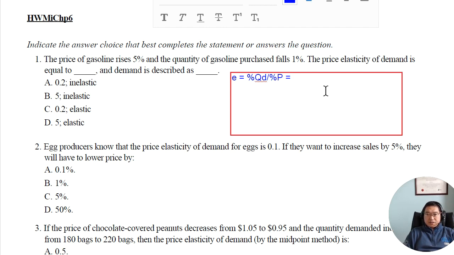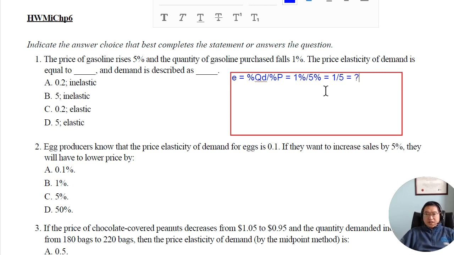The quantity demanded change is 1%, right? That's the result caused by the price change of 5%. The price increased by 5% and the quantity demanded fell by 1%. So this is 1 over 5, which is about 20%.